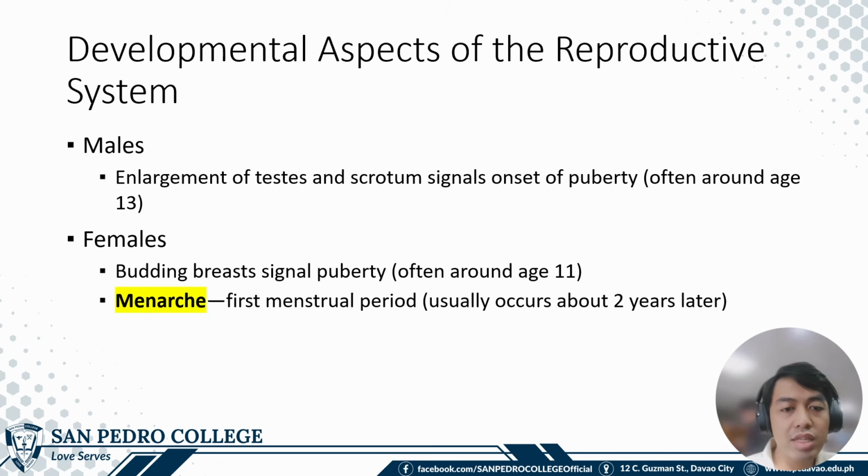And in females, the female sex hormones, especially estrogen, will develop the breast and initiate the menstrual cycle. The first year on which the first menstrual cycle occurs is called menarche.